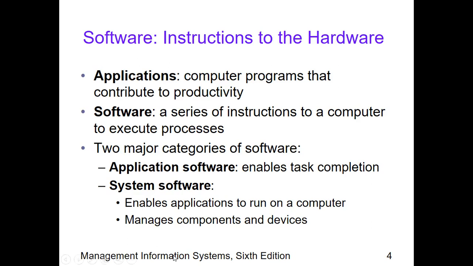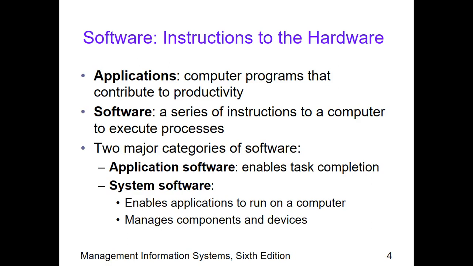There are two major categories of software. We have application, which focuses on enabling task completion, and system, which enables applications to run on a computer. An example is the operating system, or OS. And then by that OS, certain applications can now be installed on the system to be able to do certain instructions.